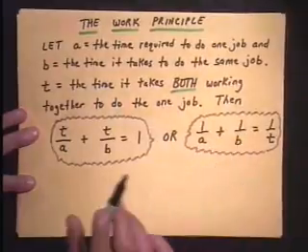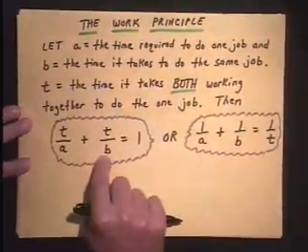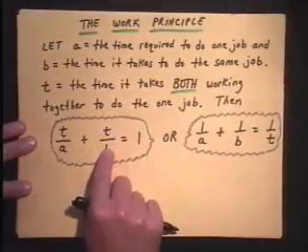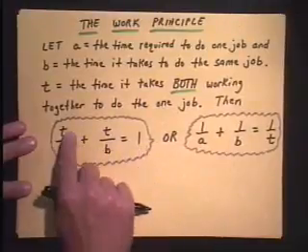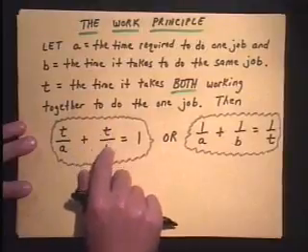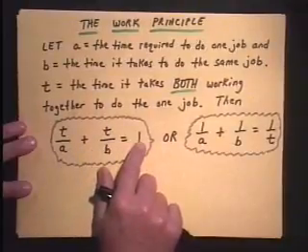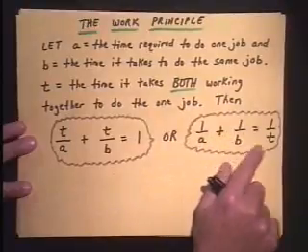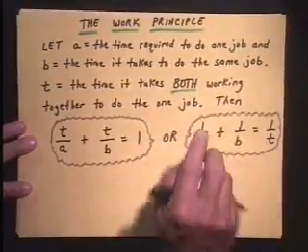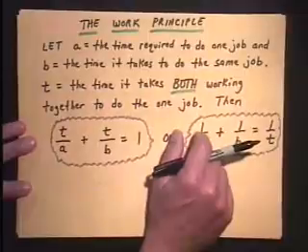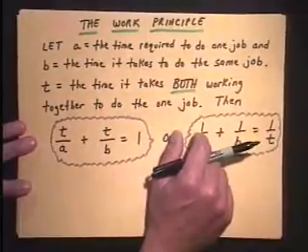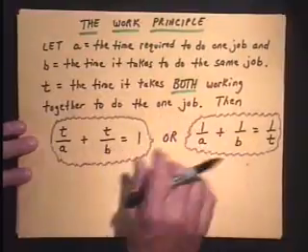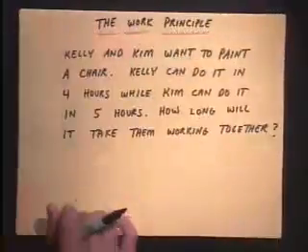There's a couple different ways you can write it: T over A plus T over B equals one job, or 1 over A plus 1 over B equals 1 over T. Now, some of you might be going, I'm not quite clear on that. So if you're a boss out there, listen up. This is great for you bosses.